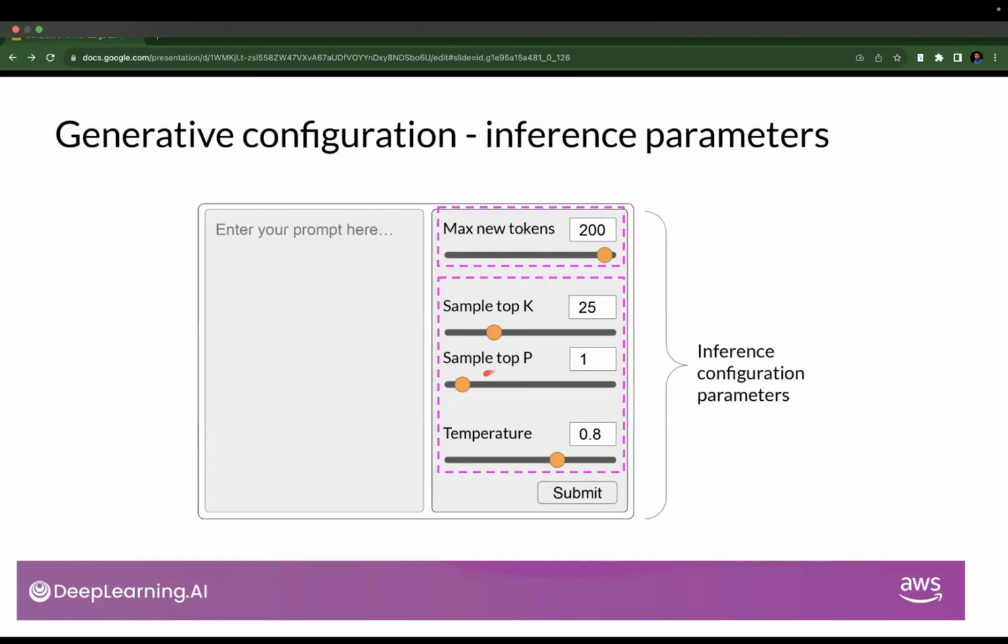Whereas if you use top P, you can say, I want to enable choosing from the words which have the top 3 probabilities. I want to allow choosing from all of them. So these parameters are used to add some creativity to the generation of the text.